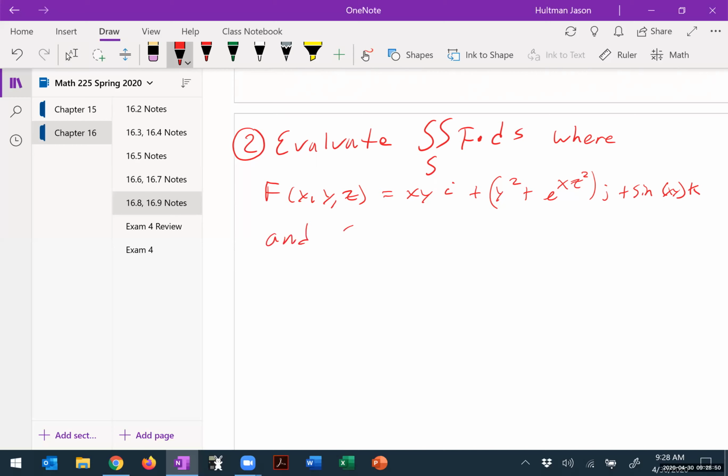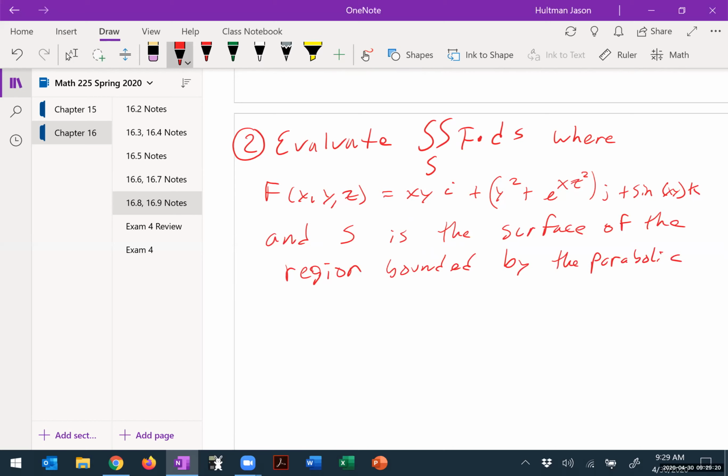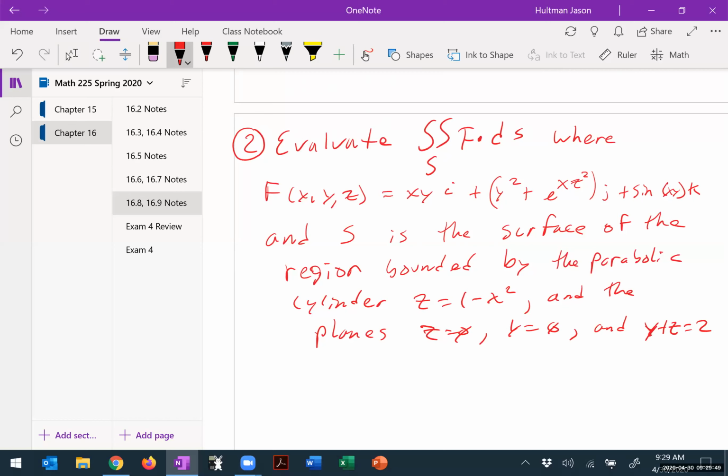And S is the surface of the region bounded by the parabolic cylinder z equals 1 minus x squared, and the planes z equals 0, y equals 0, and y plus z equals 2. Okay, so y plus z equals 2.